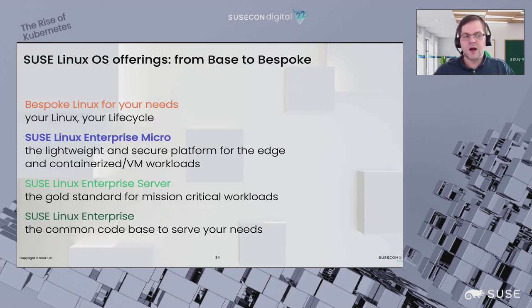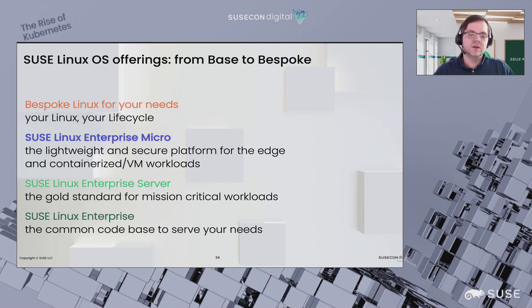Bottom line, our SUSE Linux OS offerings are from base to bespoke. We have a SUSE Linux Enterprise common code base that we build our products from, to serve our customers' needs. From that code base, we built SUSE Linux Enterprise Server, the gold standard for mission-critical workloads, and we also built SUSE Linux Enterprise Micro, the lightweight and secure platform for the edge on containerized or virtual machine workloads.